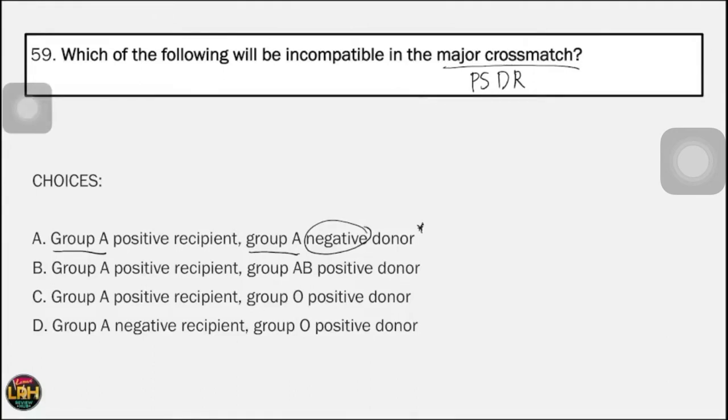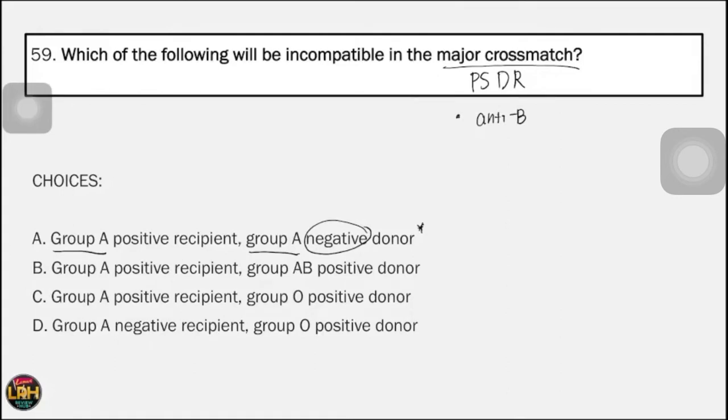Letter B, Group A positive recipient with Group AB positive donor. So the patient serum contains anti-B. So what we don't want is receiving a blood unit with B antigen for major cross-match.